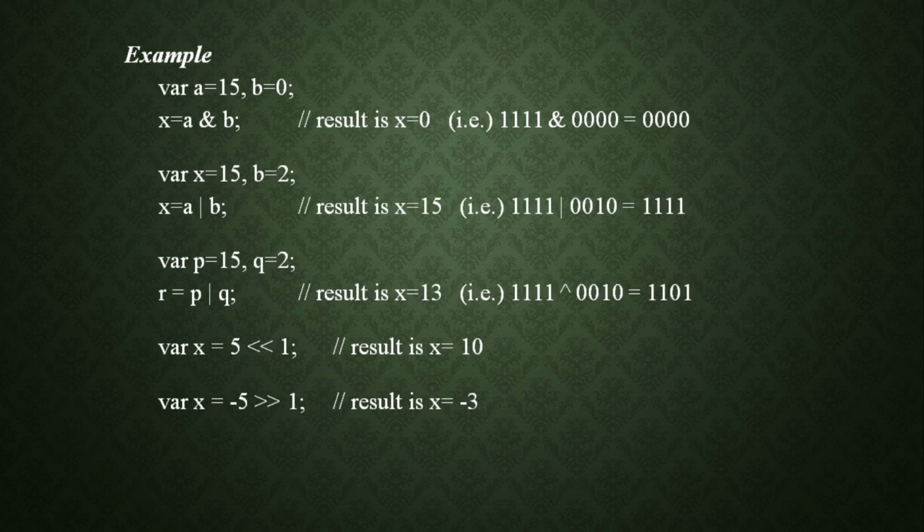It compares them, and if both the bits are true, then it will return true or else false. Similarly, OR specifies that one of the bits is 1. XOR, left shift, right shift.